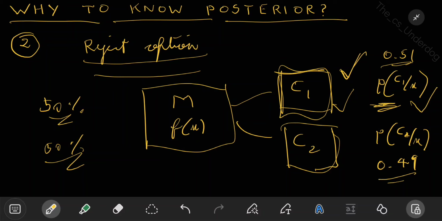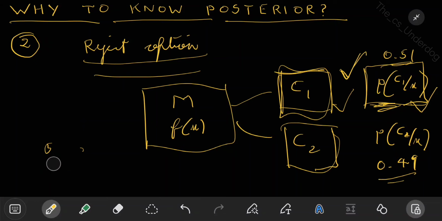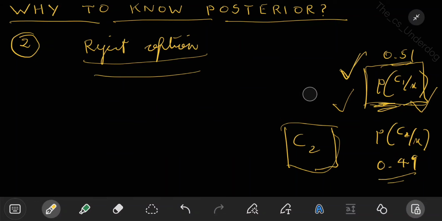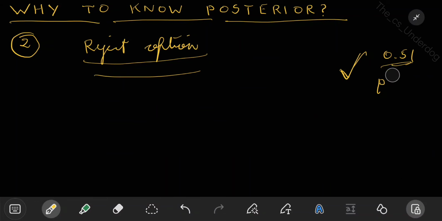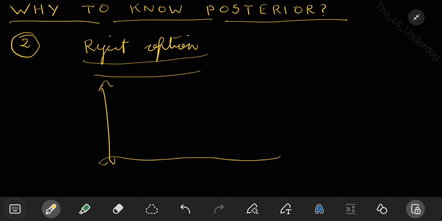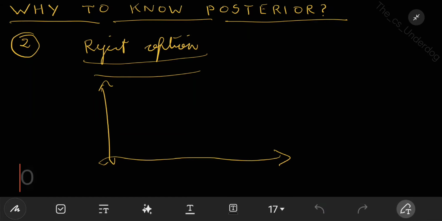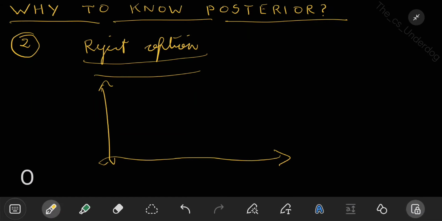So in such cases, knowing the posterior helps you decide. That is, you will have a reject option. And how did the reject option work? We had seen in one previous lecture the graph of the reject option. If you draw it like this, let's say this is your x, and this is 0, this is 1, this is a probability.